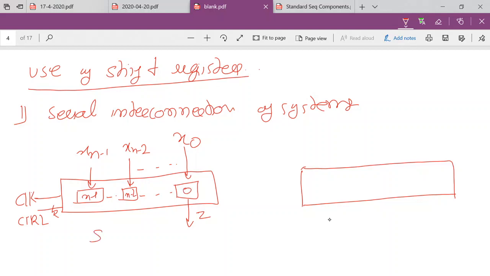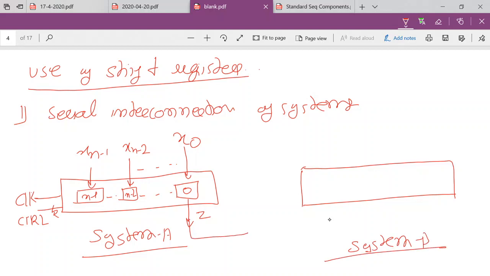Fine. So let me denote that this is in a system A, and we want to communicate between system A and system B. So in that case, this output will be fed serially to the system B in this manner, right?